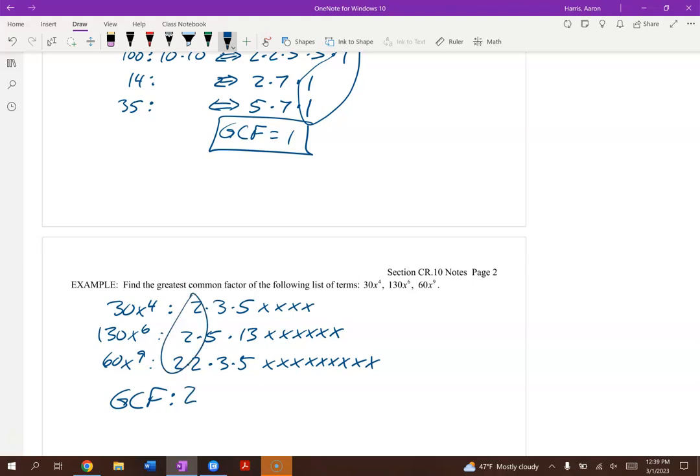Do they all have a 3? Yep. Almost. Yeah, the middle one does. Okay, how about 5? Looks like they all got a 5. And that's it. So 10 as far as the number is concerned. And then how many x's at most do they share? 4.